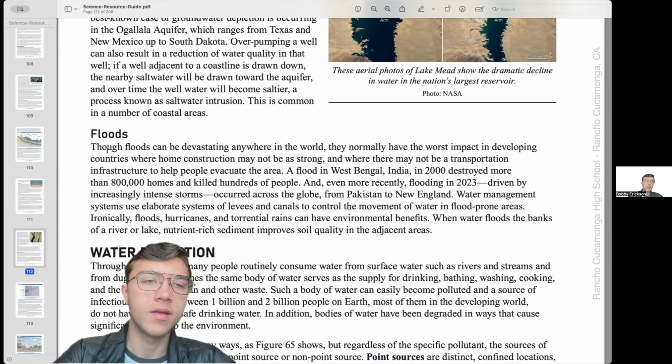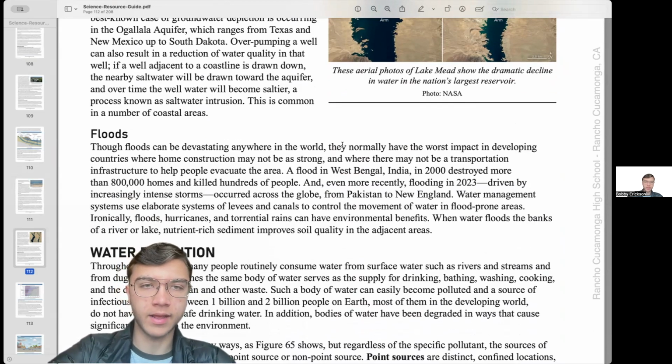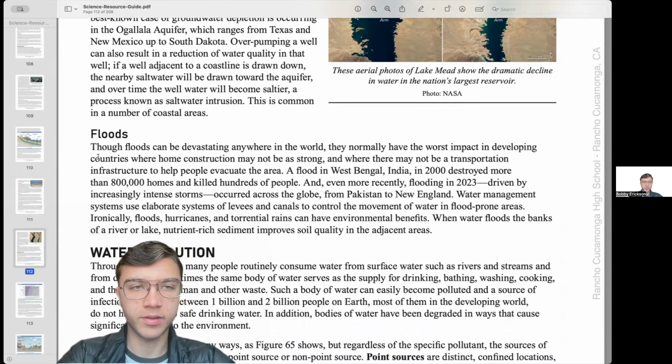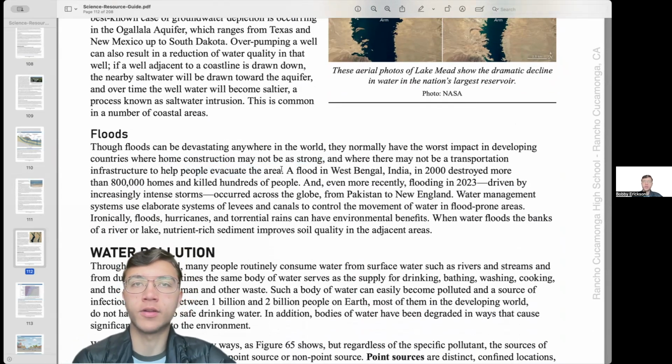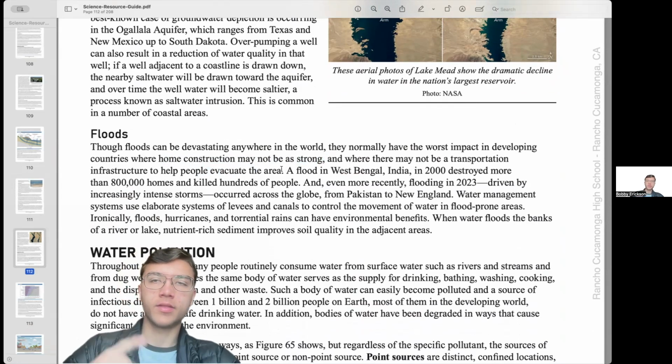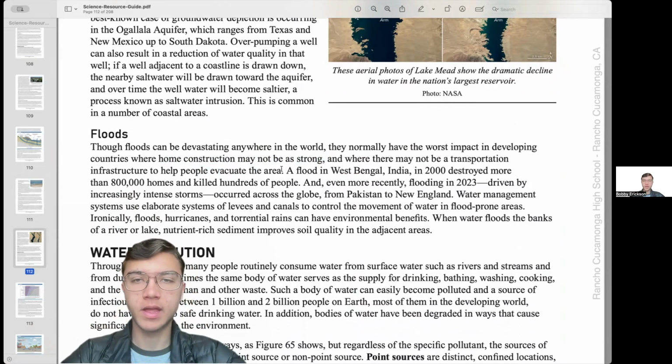Finally, before water pollution, we get to talk about floods. These can be devastating, especially in places where home construction isn't strong and where there's not very good transportation to get people out of flooded areas.